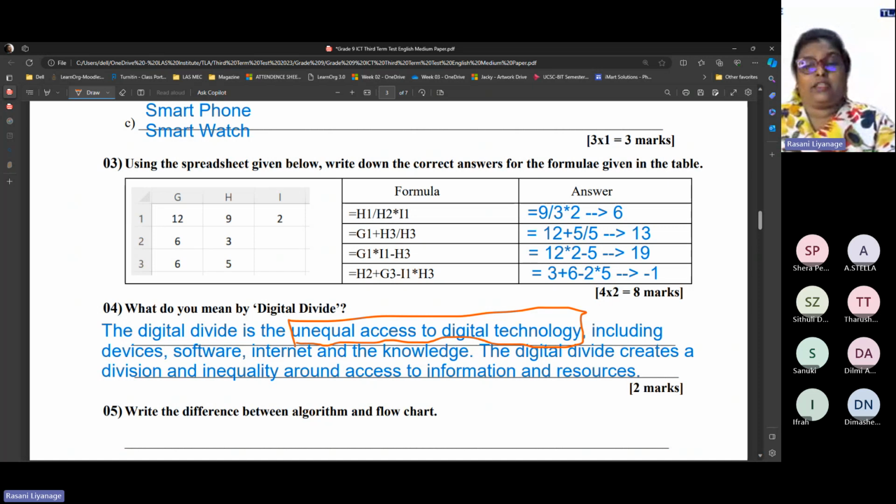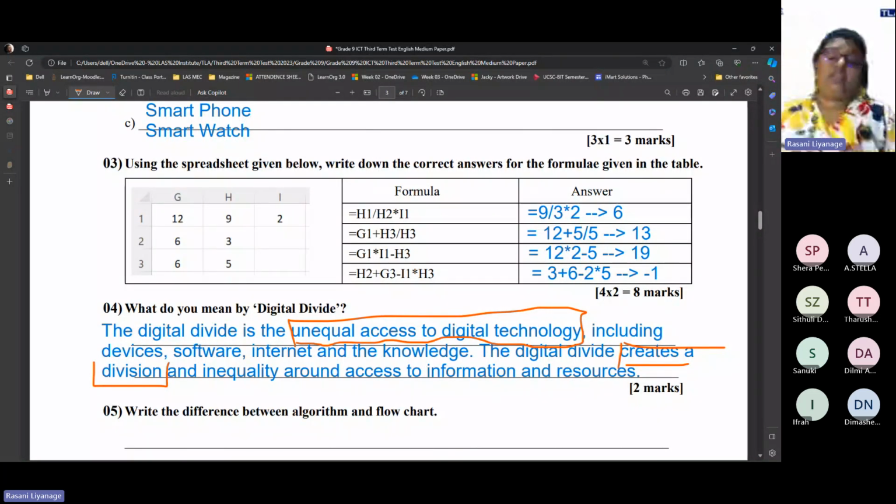Okay? And the digital divide creates a division and inequality across access to information and resources. So because of that, it creates a division within the society. Got it? Understood?